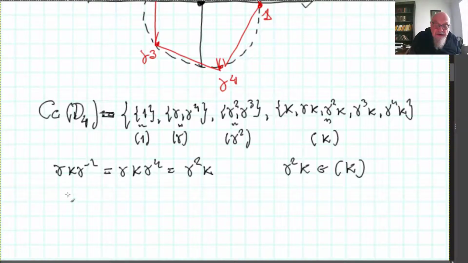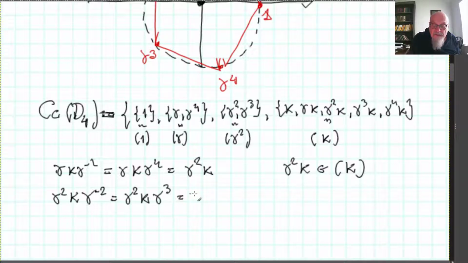Then I take gamma squared kappa and put gamma minus 2 on the other side, which gives gamma 4 kappa, and that implies that gamma 4 kappa belongs to the class of kappa.